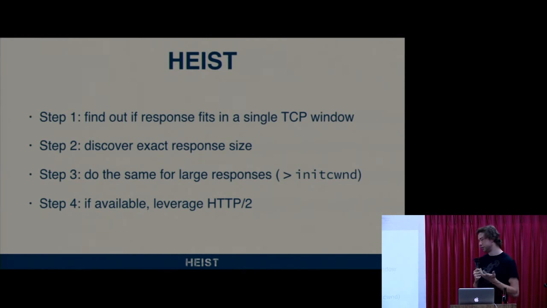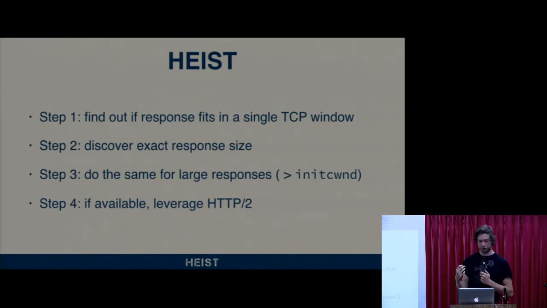So the attacker wants to maybe use something else. In the last step, I'll show how we can leverage HTTP2, which is the new HTTP version, to achieve the same thing without having reflected content.